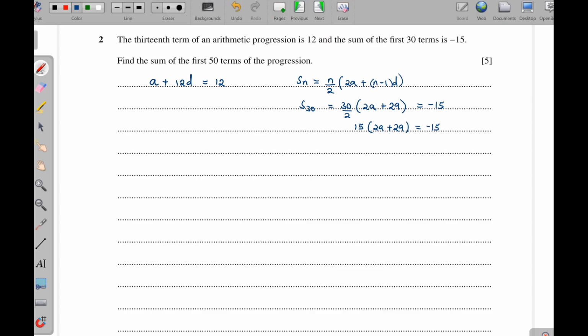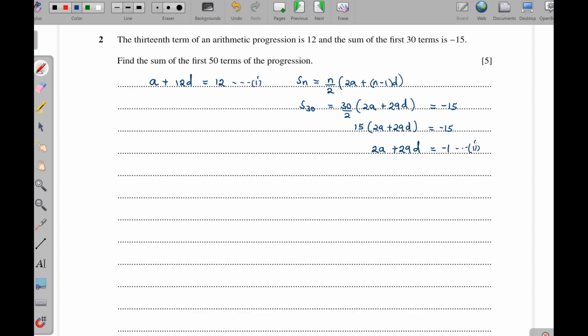Pardon me here, I've been forgetting a d. Okay, let me put it there. So 29d here, then we close the bracket. When we divide all through by 15, we shall get 2a plus 29d, which is equal to negative 1. So this is one equation, and this is another one here.